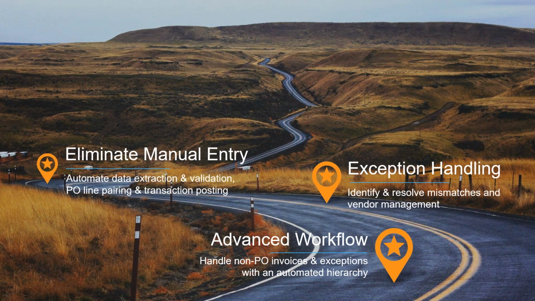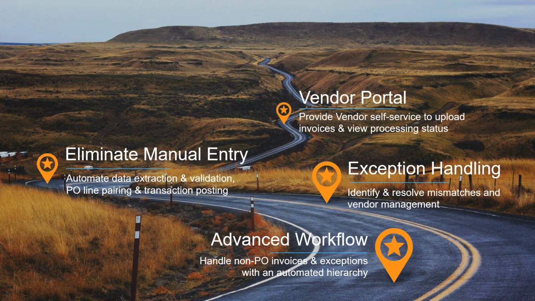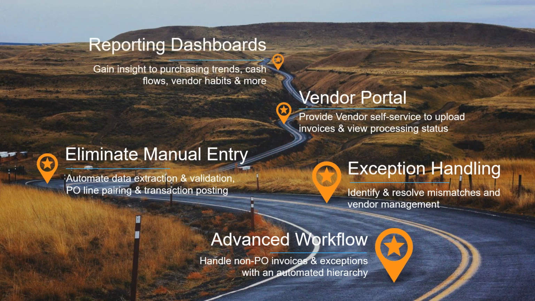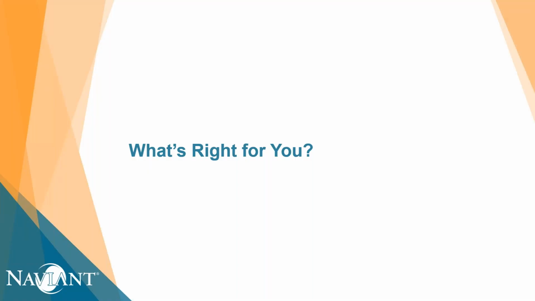We can eliminate manual data entry by using tools like intelligent OCR or robotic process automation to extract and validate and post transaction data. We can create a vendor portal to provide self-service options to upload invoices and view processing status. We can even report on those trends and cash flows and vendor habits and staff productivity.